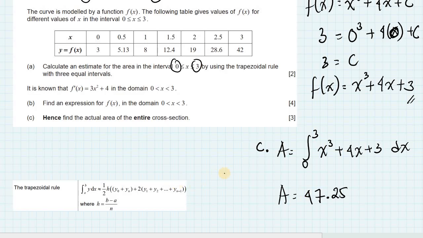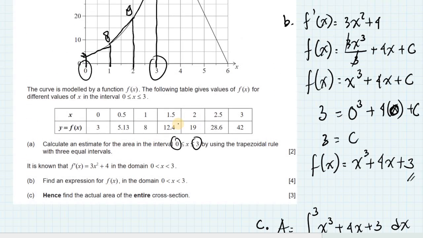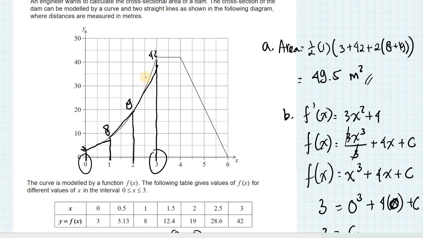Is this the final answer? No, because the question asks us to find the entire cross-section. The entire cross-section is divided between this area, which is the one we just calculated, the first one, and this other area, which I'll mark in blue.